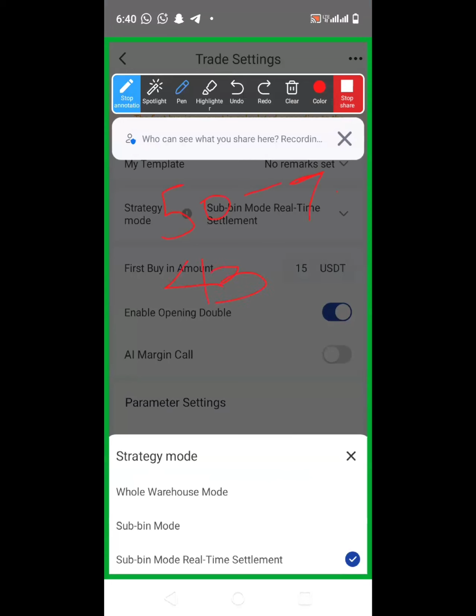For example, this 43 is what the robot will use for you when the market is coming down and the robot will be buying. Now, if you are using this OWS mode, that means the robot will buy the first margin call, second margin call, third margin call, and fourth margin call.